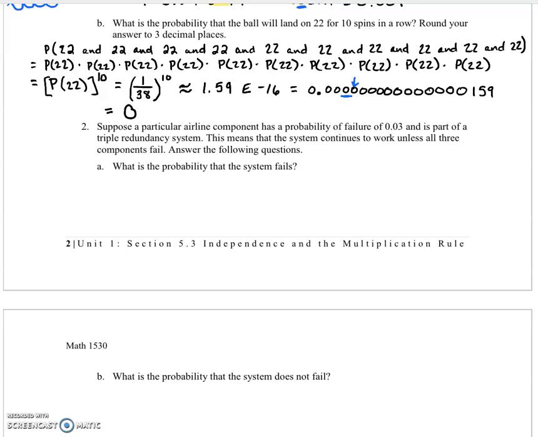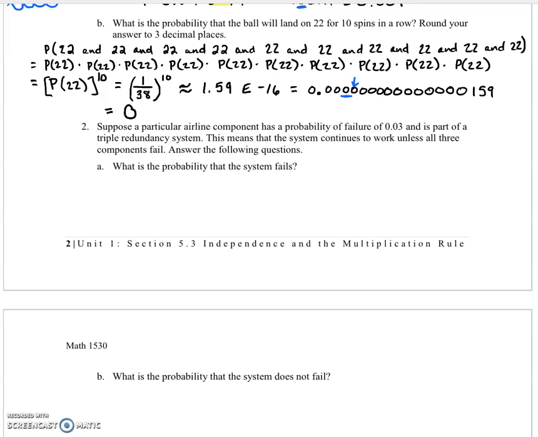So for example, if an airline component has a probability of failing 0.03% of the time, and it's part of a triple redundancy system, that means there are 3 separate components, and whatever system they're a part of will continue to work unless all 3 of them fail.